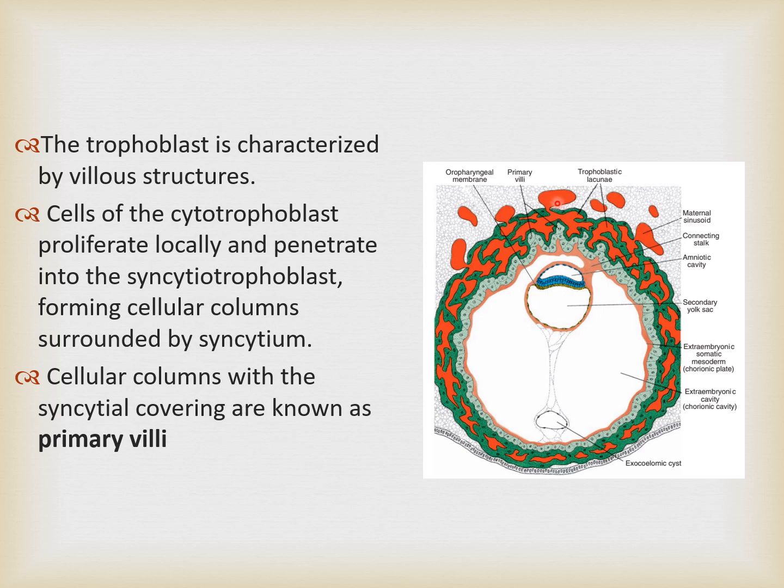Now the trophoblast is characterized by villous structures. Villi are finger-like projections, as you can see here. The cells of the cytotrophoblast, these light green colored cells, proliferate locally and penetrate into the syncytiotrophoblast. They form cellular columns surrounded by syncytium. These cellular columns are known as primary villi.